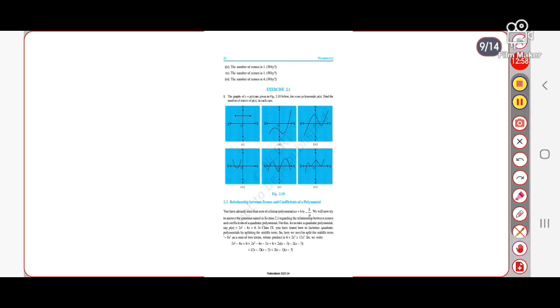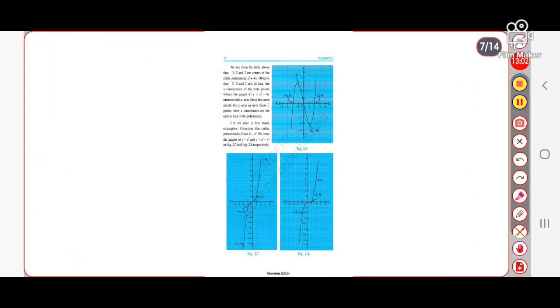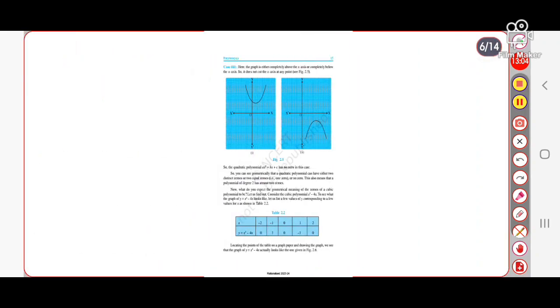Yes. Now over here they are just explaining the graphs to determine the zeros of the polynomial that has been given, right? See this, consider this case 3 example. This is the graph that is being represented.